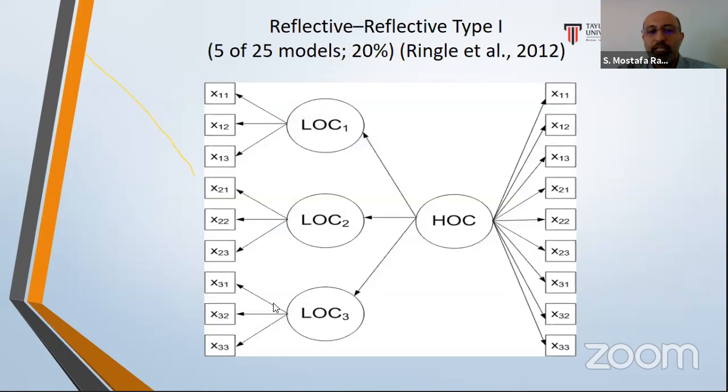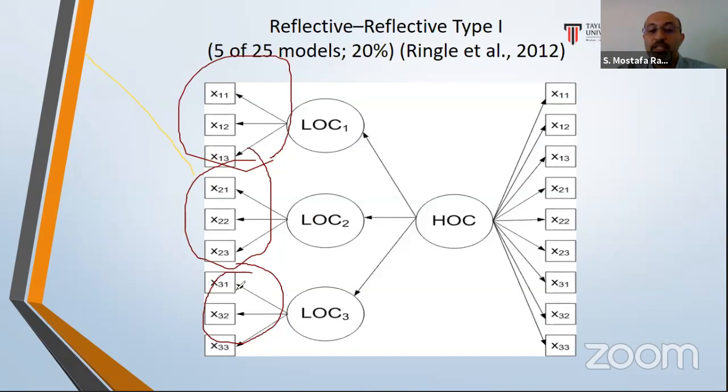So the first one is reflective. Reflective means our first order constructs, our dimensions, are reflective constructs, and dimensions are measured reflectively by some items, right? Here we have 3 dimensions, and these 3 dimensions are measured based on reflective items.